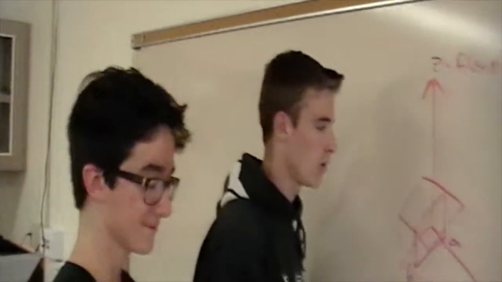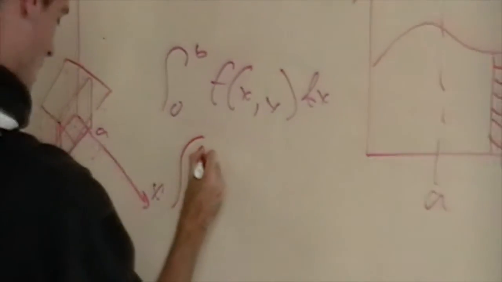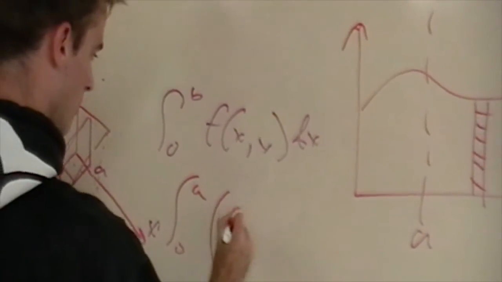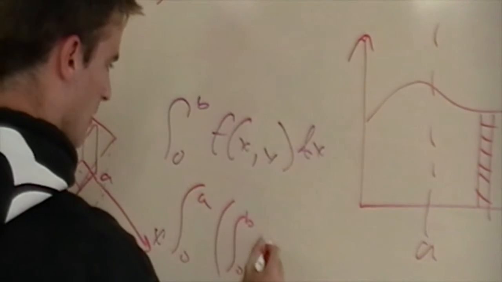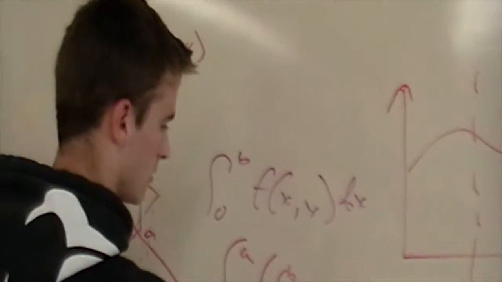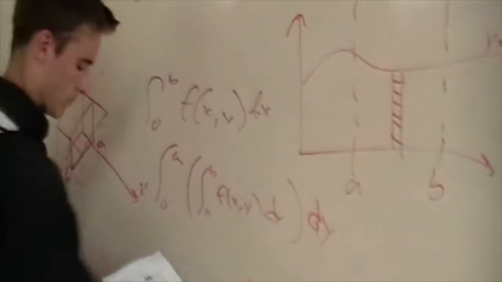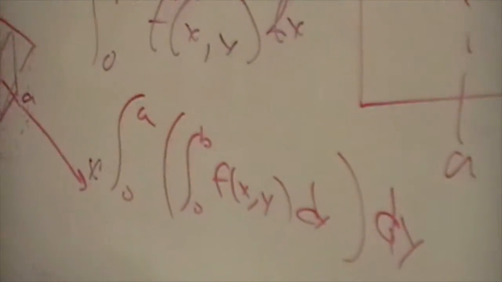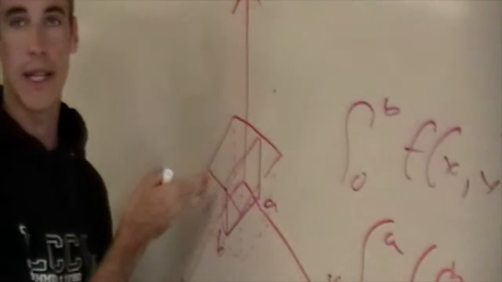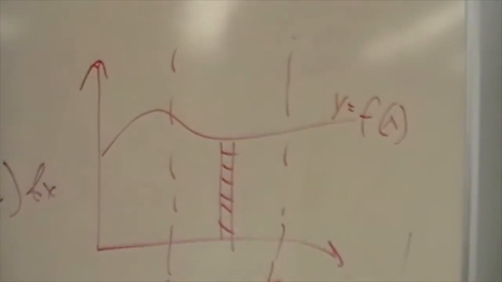So the integral now, to get that volume, would look like this: 0 to a, of the integral 0 to b of f of x y, or z, dx, dy. Okay? And that's going to represent one rectangle in our original graph over here. Does that make sense, everyone?